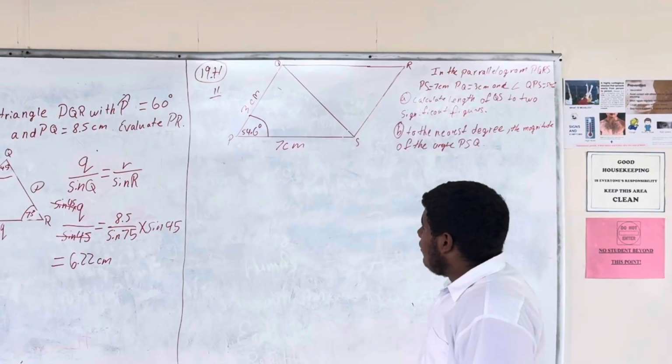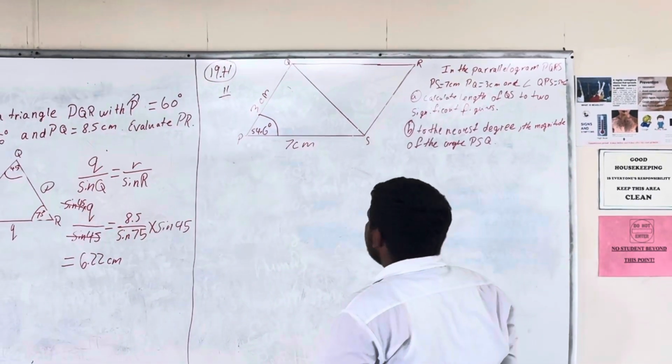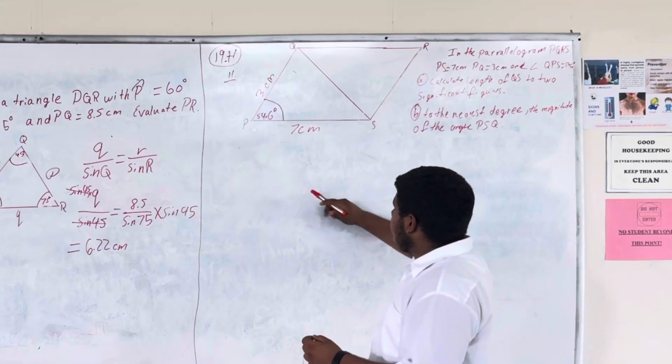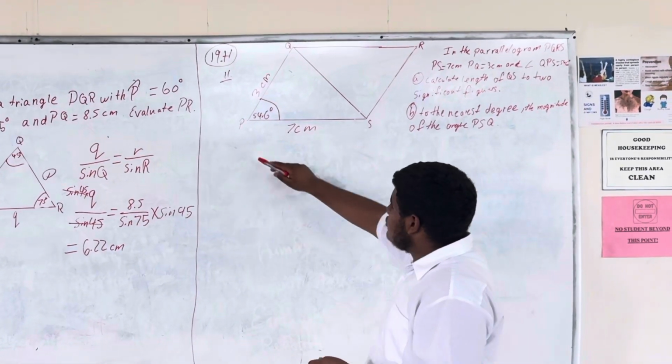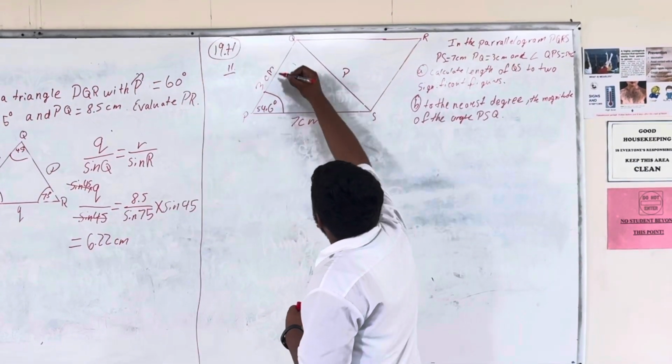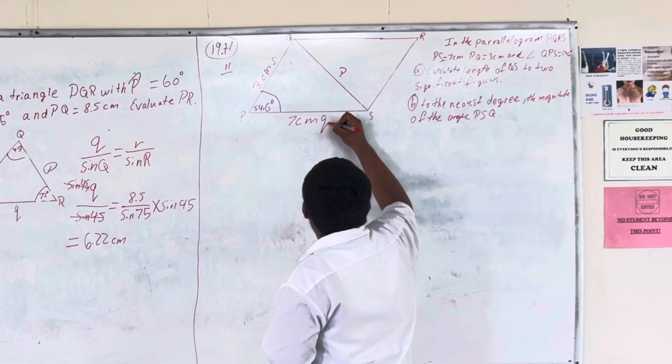Now, again, to make it easier to calculate everything, instead of using QS, you could use p, because it's across from P. Small p, small s, small q.